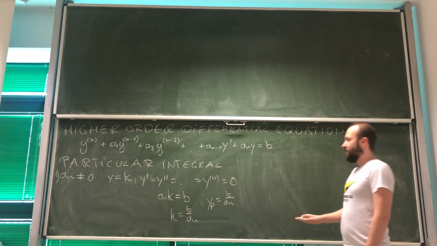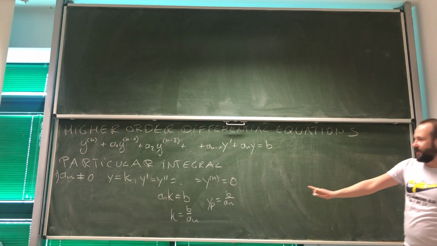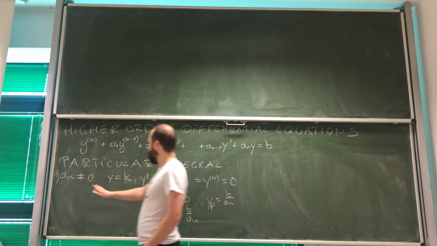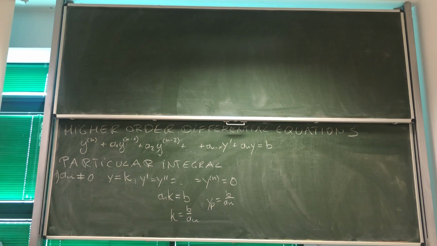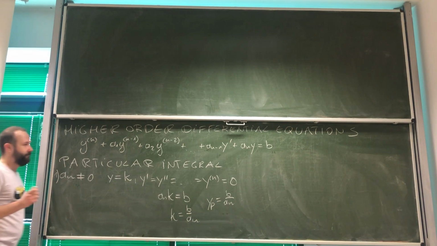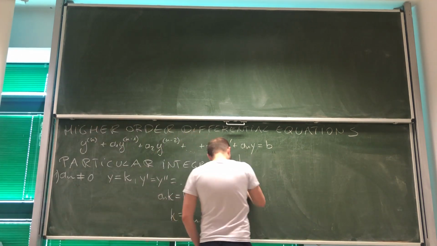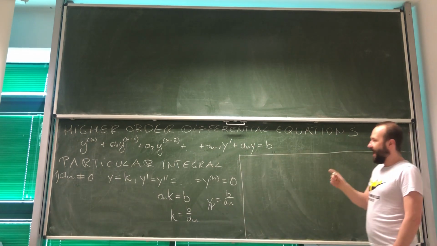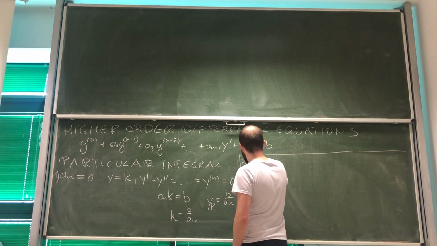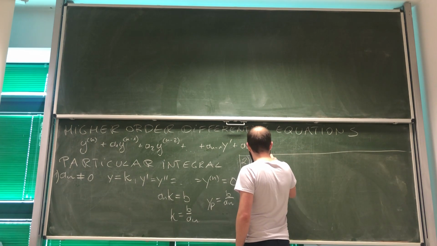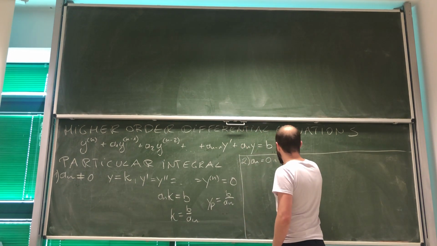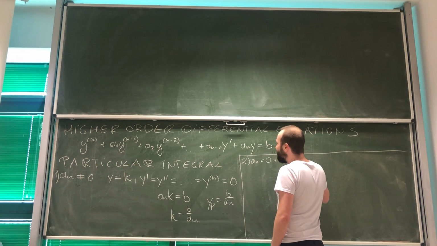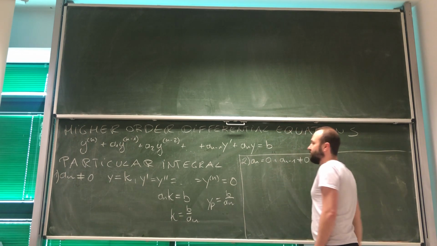But right away, we see the necessity of this assumption that a_n is actually different from 0. So what do we do if a_n is equal to 0, however, a_(n-1) is different from 0?